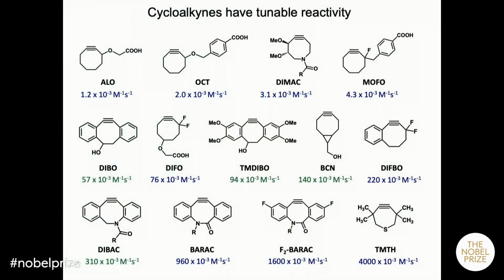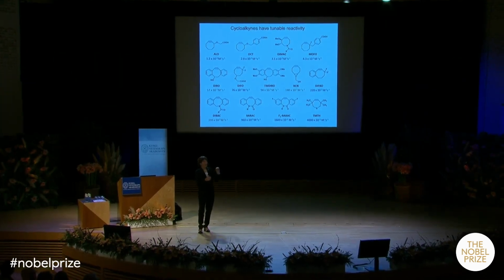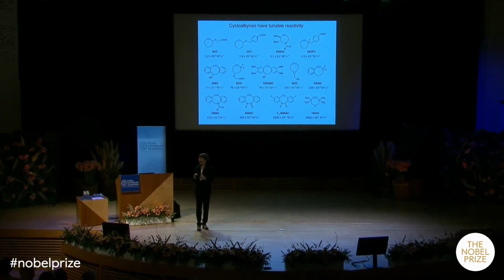And to make a long story short, they spent several years building cyclooctynes with different kinds of modifications. And what we learned is that the cycloaddition of these cyclooctynes with azides can be tuned in terms of reaction kinetics over several orders of magnitude. So we had a lot of control levers on the rates of these cycloadditions.